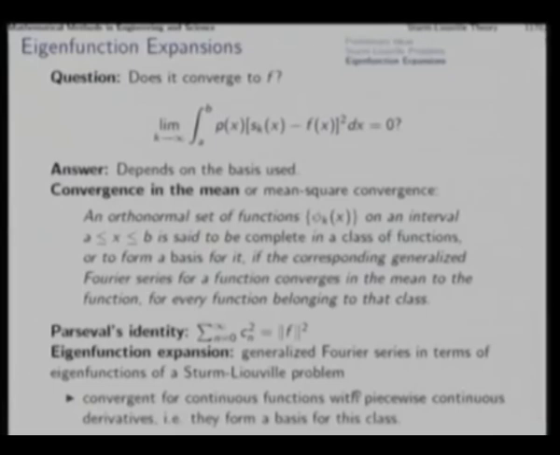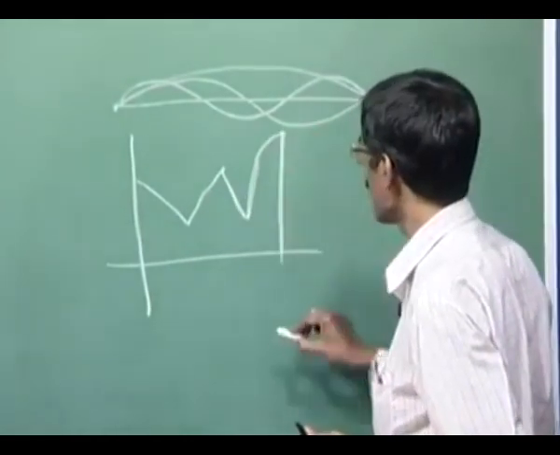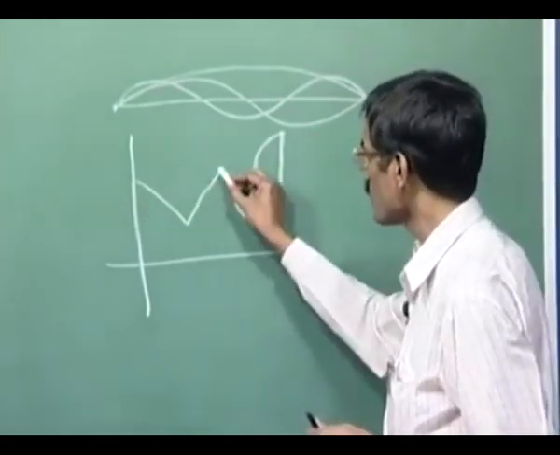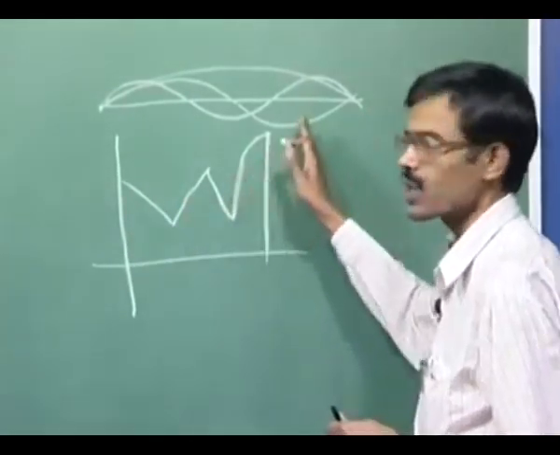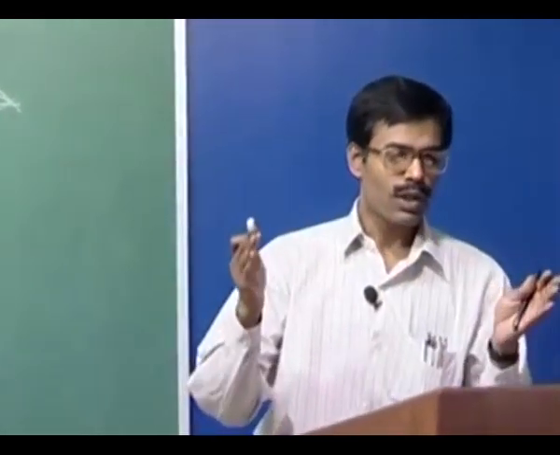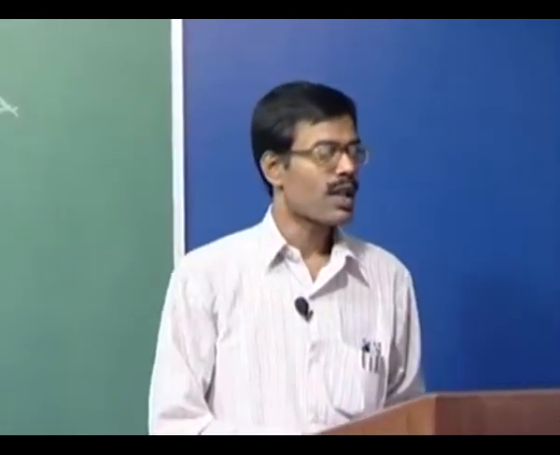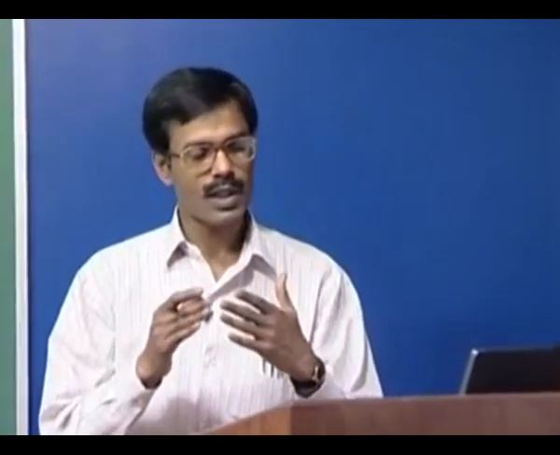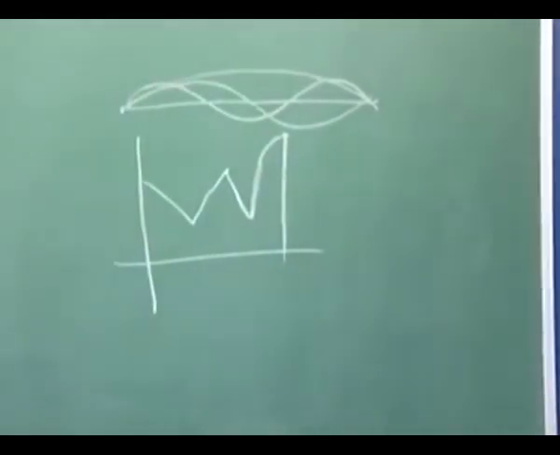That is, functions of this kind, which are continuous, and whose derivatives are also piecewise continuous. For all such functions, the solutions of a Sturm-Liouville problem turn out to form a complete class of basis functions, and therefore, they serve to expand arbitrary functions of this class in order to represent and manipulate them.